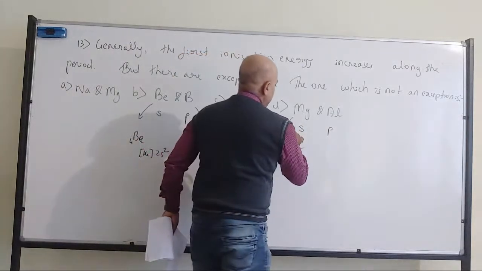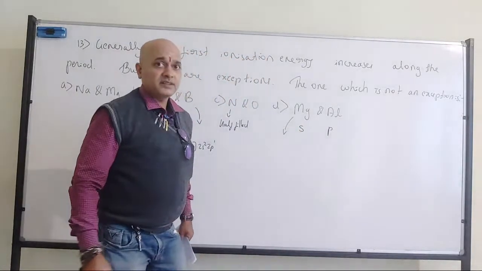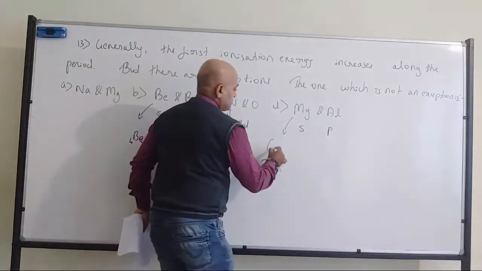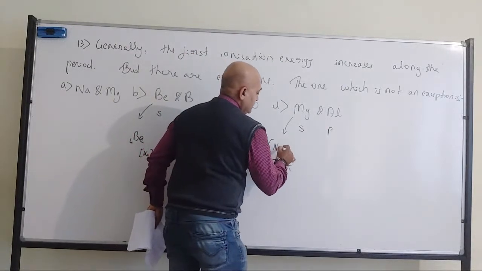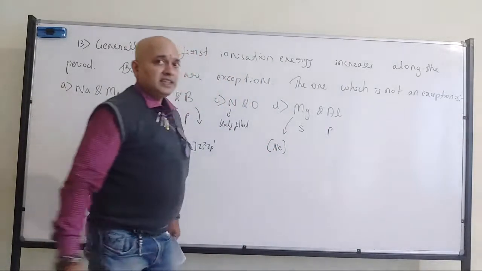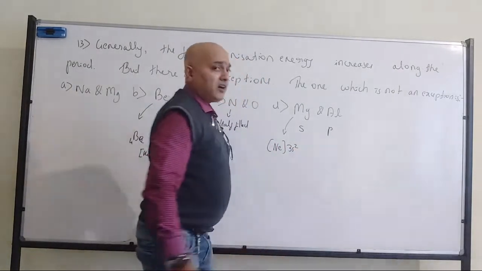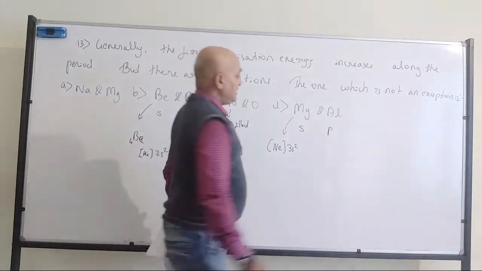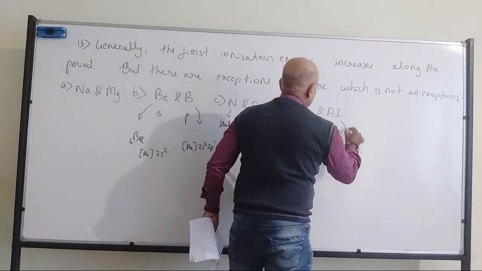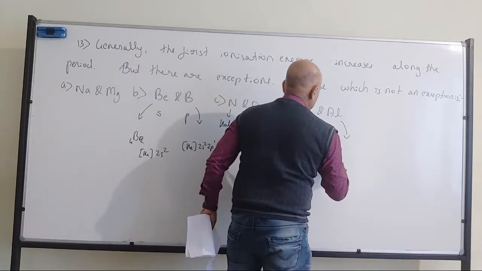Same logic, magnesium 12, right? Neighbor of sodium. So it will be neon 3s2. Now when it comes to aluminium, atomic number is 13.